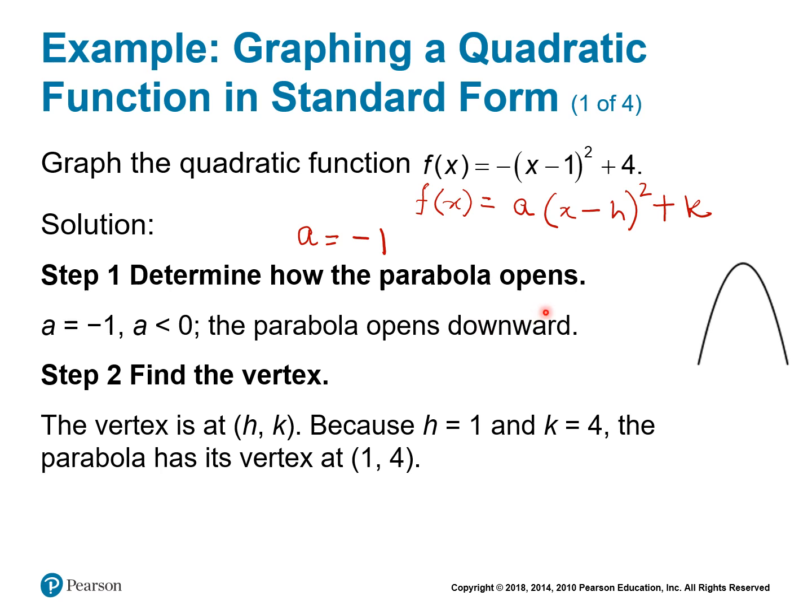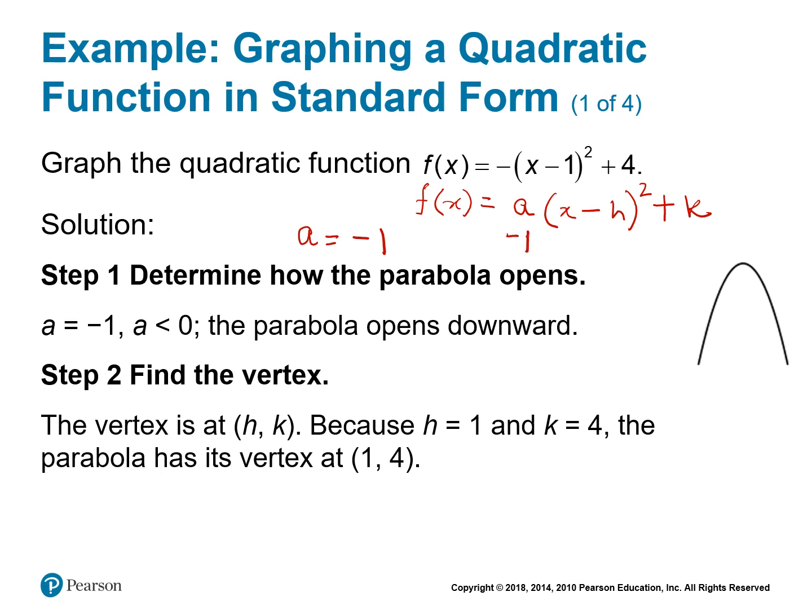Now we will look into figuring out the coordinates of the vertex. All right, so the vertex is the point where the graph changes direction. Okay, so let's get minus x minus 1 whole squared plus 4. Let me align this example to the generic form. So we will have A is negative 1, correct?